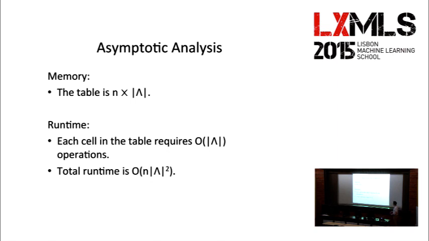The runtime is actually a little worse than that because each cell in that table requires size of lambda, number of states, calculations. You have to calculate that max given the previous column. So this is actually quadratic in the number of states. That's why when you run HMM processing with thousands or tens of thousands of states, you typically are going to use an approximation.